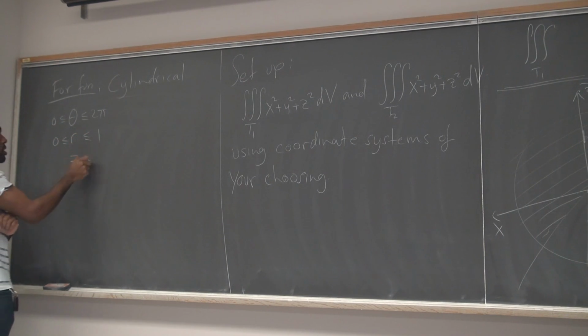What about your z? You just have to solve for z. So negative radical of 1 minus r squared to radical of 1 minus r squared, because x squared plus y squared plus z squared is 1. That's the equation of the sphere.